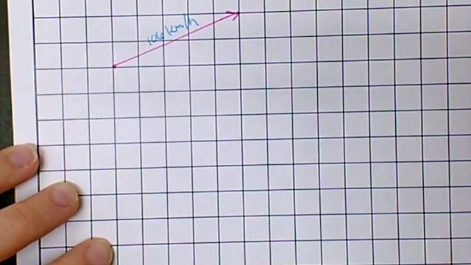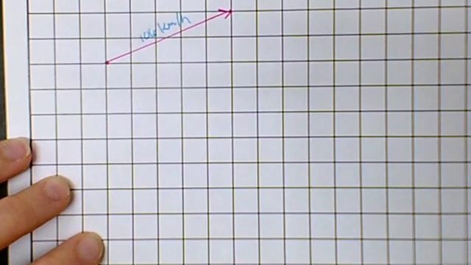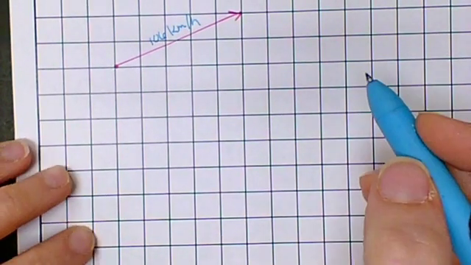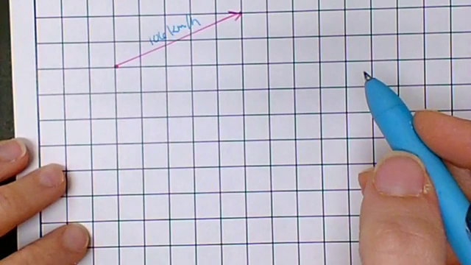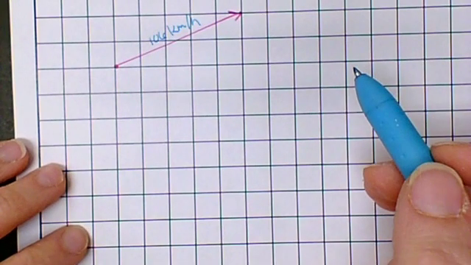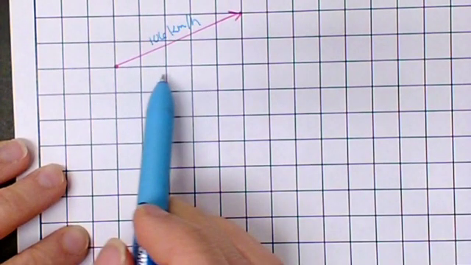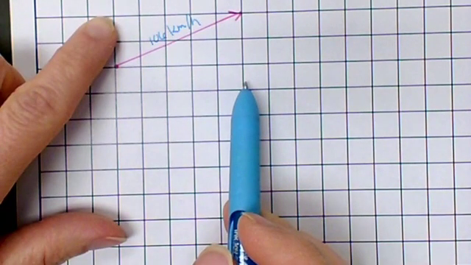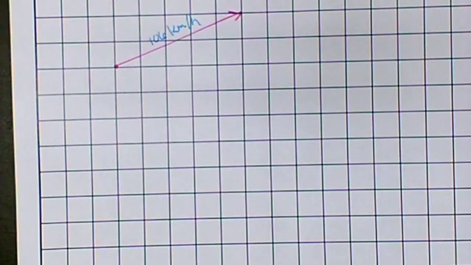And I want to resolve this vector into its x and y components because I know that this plane is traveling east, but it's being caught by a northern crosswind. So let's see what its component vectors would be.